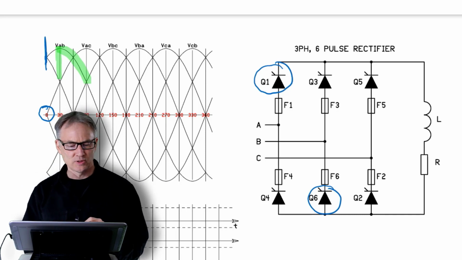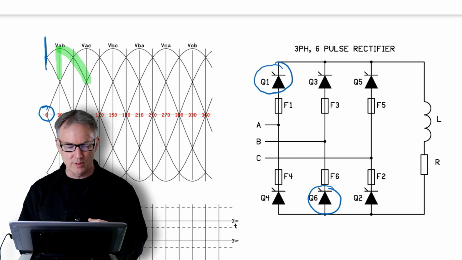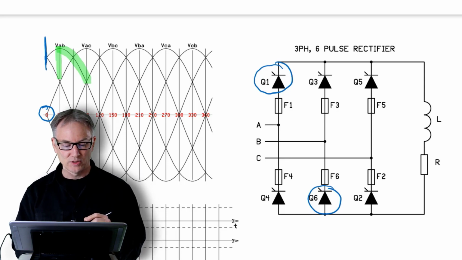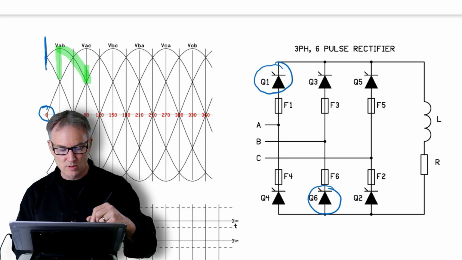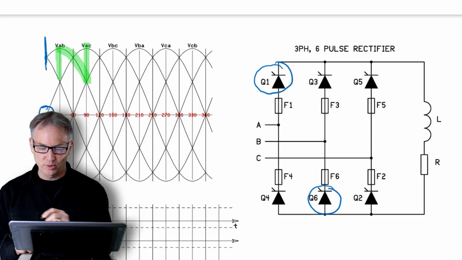Okay, but what happens 60 degrees in at this point, which is now at 90 degrees as far as alpha is concerned? Here we have to fire phase A SCR again, which is Q1 on the positive leg. So we switch up here, and this time current is going to return through Q2.